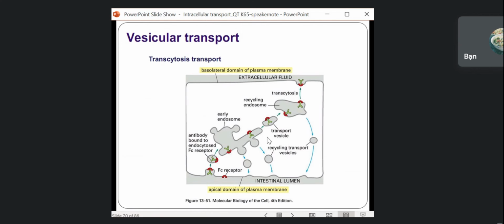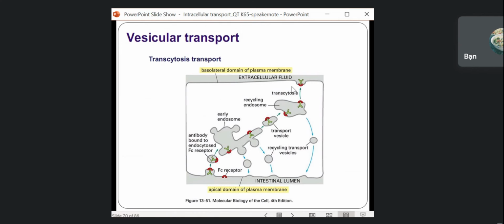One part of the endosome is a transport vesicle containing the receptor and the antibody, and this transport vesicle continues to fuse with another endosome on the way to transport from the apical to the basolateral domain, until the vesicle meets the basolateral domain of the plasma membrane and fuses with this membrane.